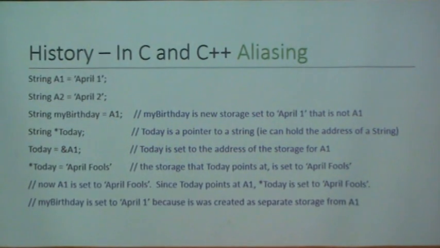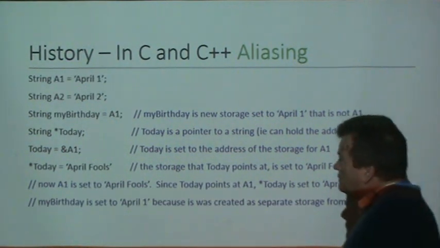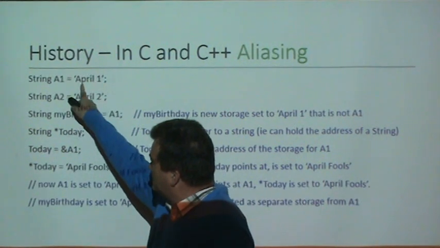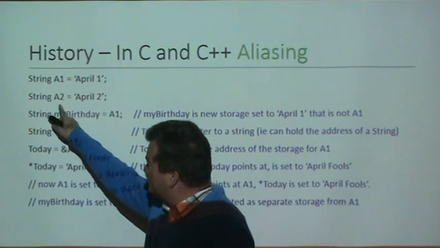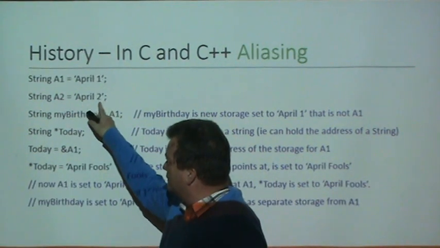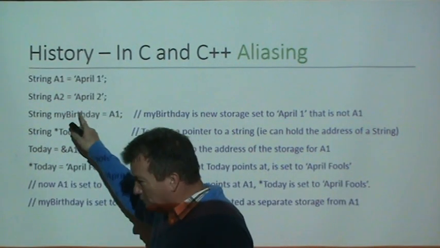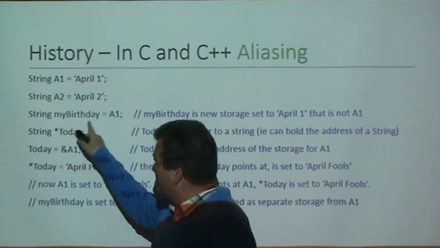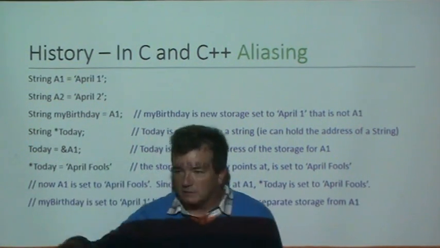And this has to go back to a little bit of history. So, if we have a string A1 set to April 1st, and a variable A2 set to April 2, and then I decide to make a string called my birthday, and I set that equal to April 1st.